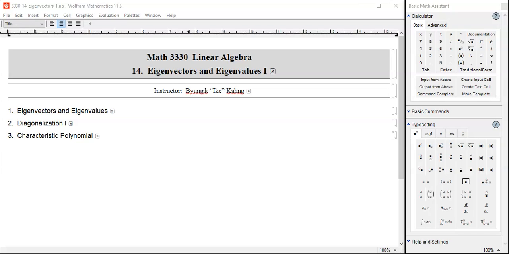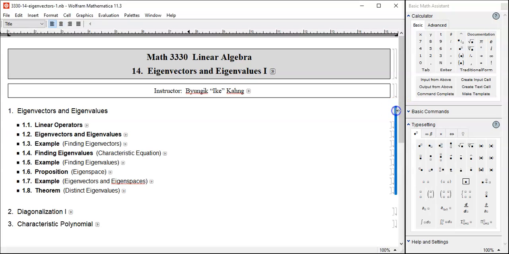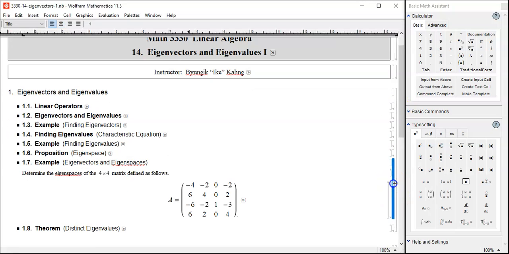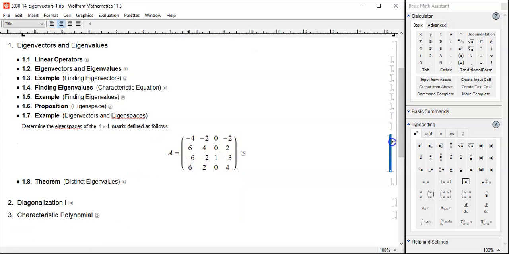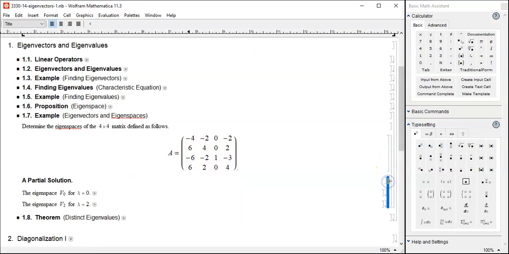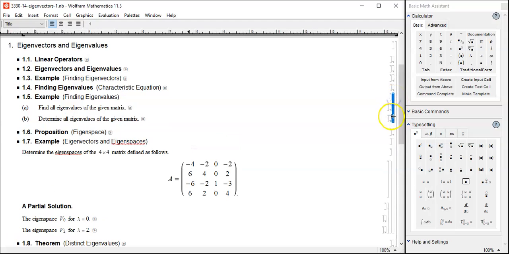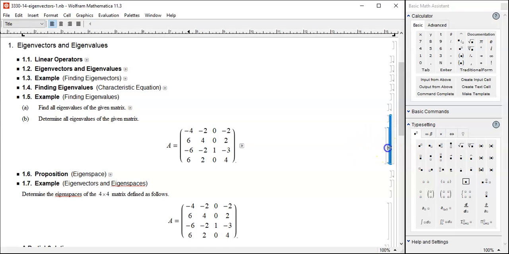Welcome back, students. Just a little bit more computation and we are going to be done with section 1. Eigenspaces. We found eigenvalues 0, 1, and 2 from this example.